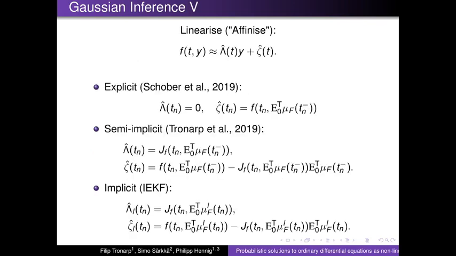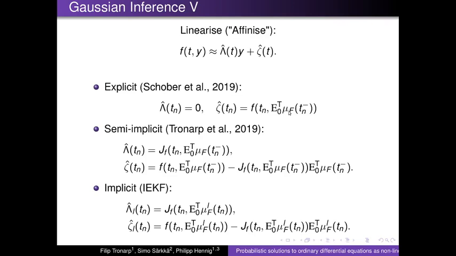And so yeah, what we're going to do is of course make affine approximations of the vector field. So we denote these parameters by lambda hat and zeta hat, and these sorts of approximations can be obtained by, for instance, 0th order Taylor series expansions of the vector field around the predictive mean, in which case the lambda becomes 0 and zeta just becomes the vector field evaluated at the predictive mean.